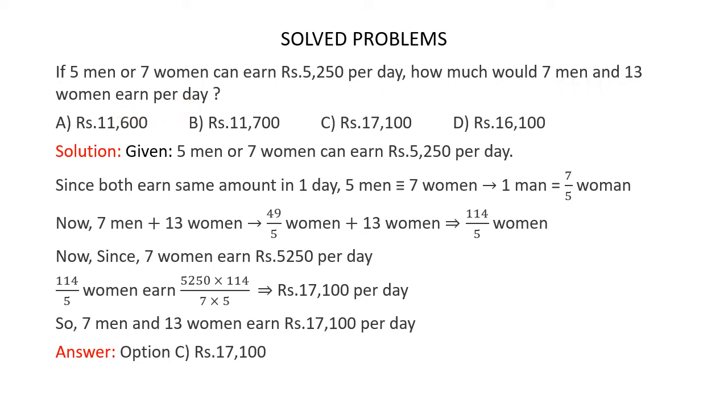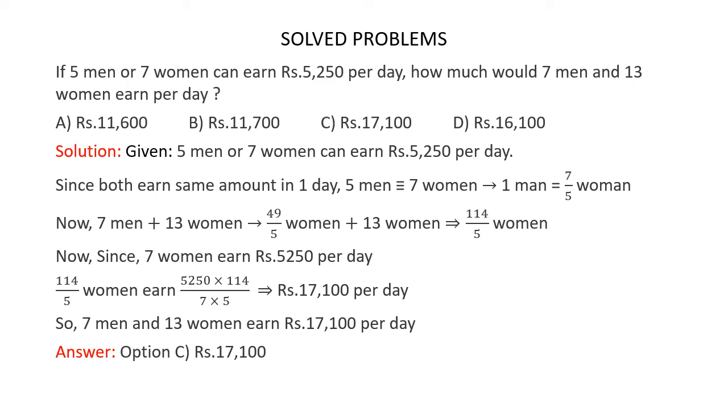Now we are asked to find out how much would 7 men and 13 women earn per day. So 7 men plus 13 women. We know that 1 man is 7 by 5 women. So 7 men will be equivalent to 49 by 5 women. So 7 men plus 13 women is nothing but 49 by 5 women plus 13 women, which is 114 by 5 women.